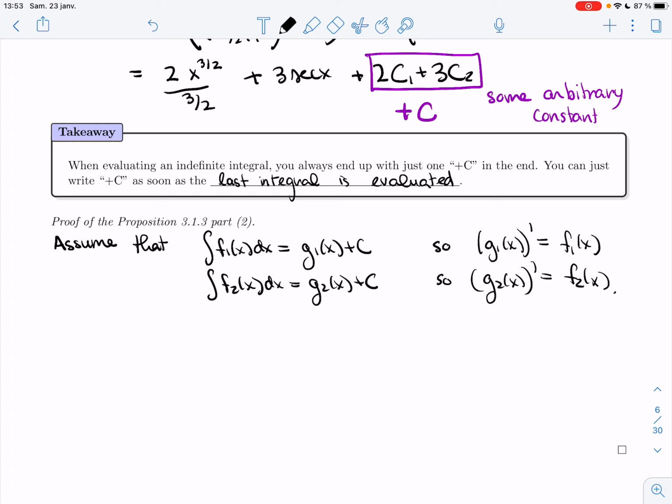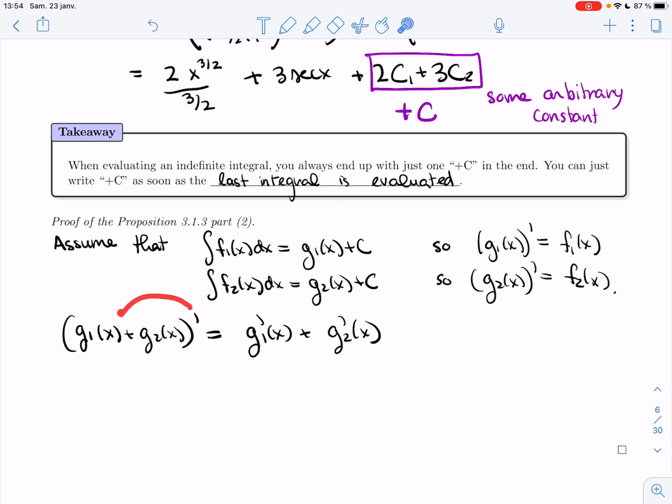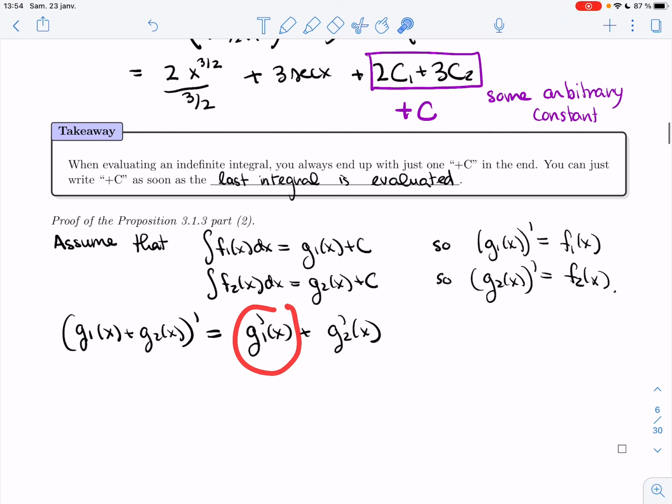All right, so I want to show that if I add these two, I get an antiderivative for the sum. So let's see. If I take g1 of x plus g2 of x, and I differentiate this, from the rules of derivatives that you've learned in Cal 1, I'm going to be able to split it as two different derivatives, right? We know the derivative gets distributed over a sum. And now this derivative, g1 prime, we know that's f1 of x because of this.